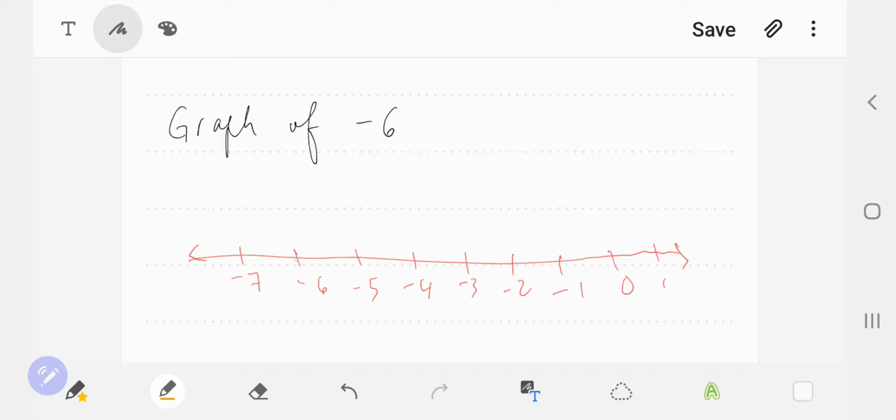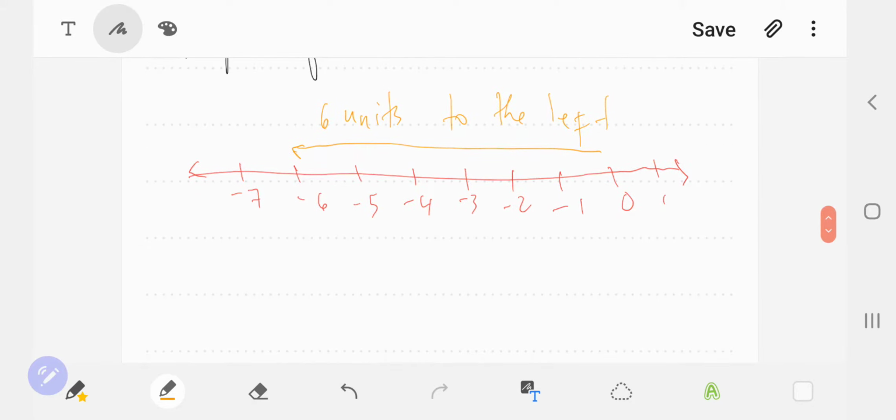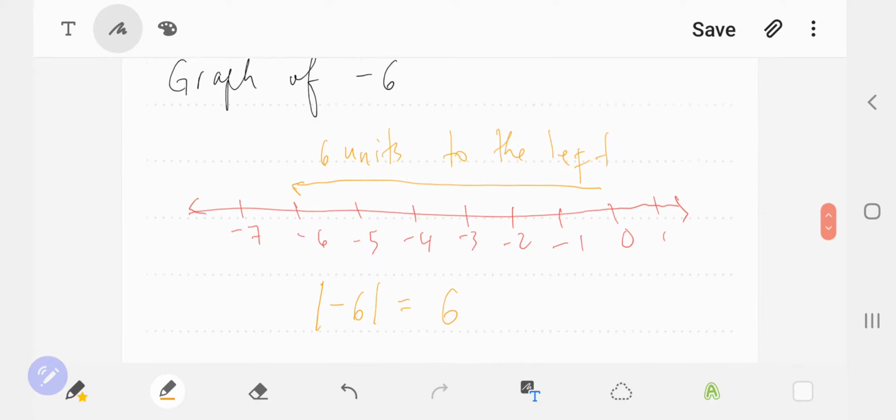This is negative 6, which is located to the left of 0. Okay, so that's 6 units to the left. For a mathematical statement, that's the absolute value of negative 6 equals positive 6.